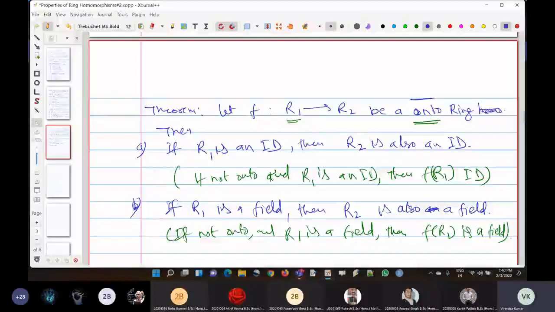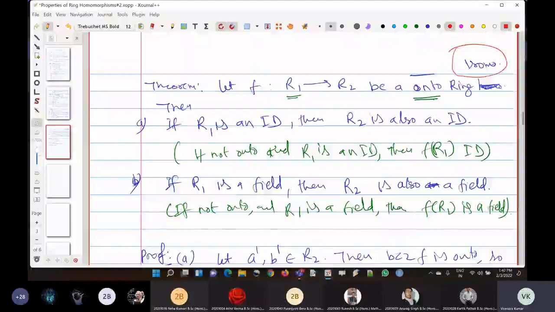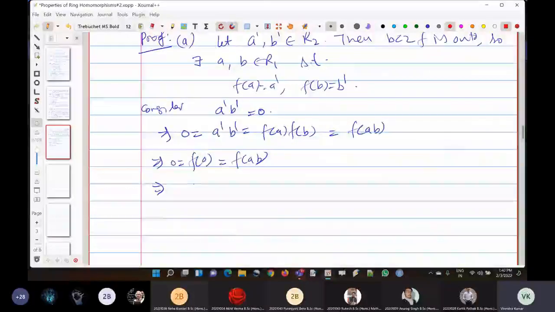This is isomorphism. Please note it down. Otherwise, we can add one-to-one also. This means that 0 equals A times B, as f is an isomorphism.